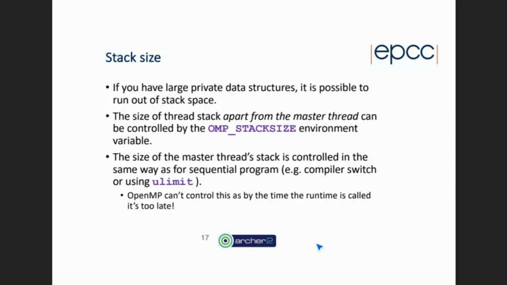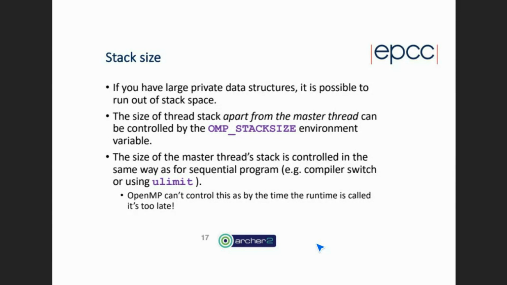If you do have a stack size problem, so if you do have large private data structures, it's certainly possible to run out of stack space. And the control of this is slightly awkward.